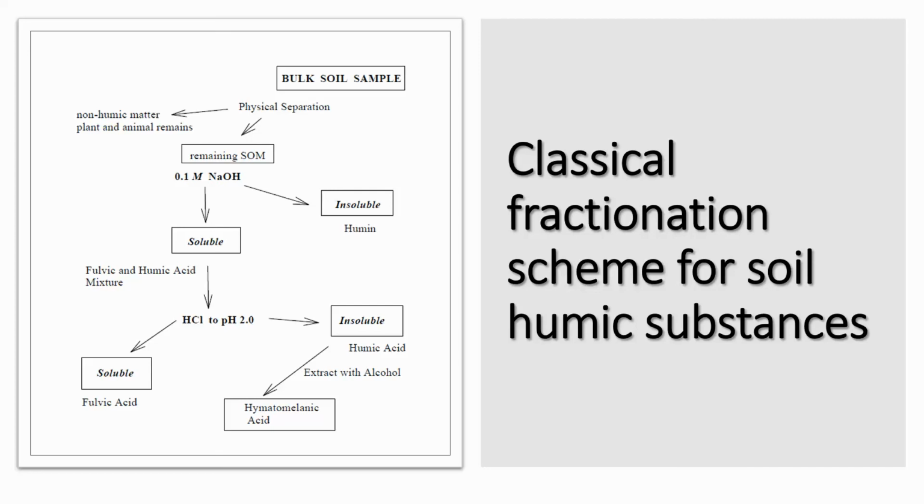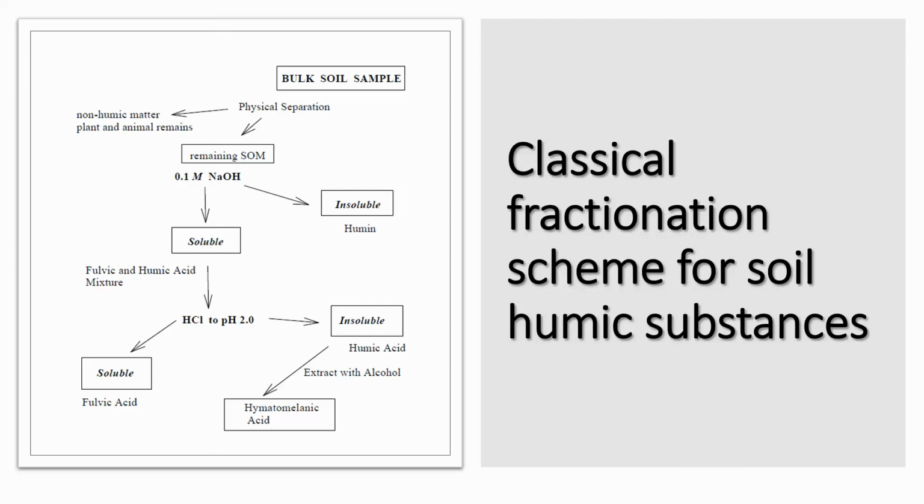Some roots, animal parts, feces, anything which you can separate with a sieve. The remaining soil organic matter will face the strong base, as I said, 0.1 molar. It will have two phases, soluble and insoluble. Insoluble will go to the humin, while soluble will go to the fulvic and humic acid mixture.